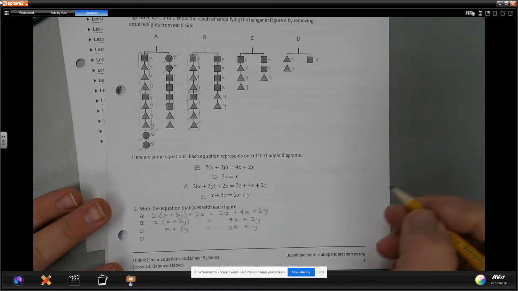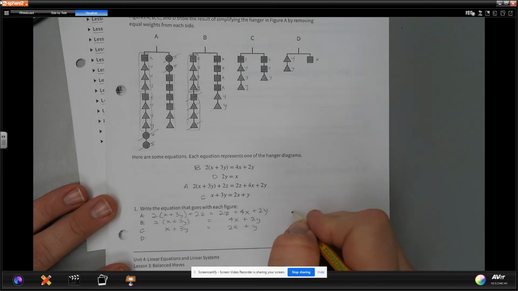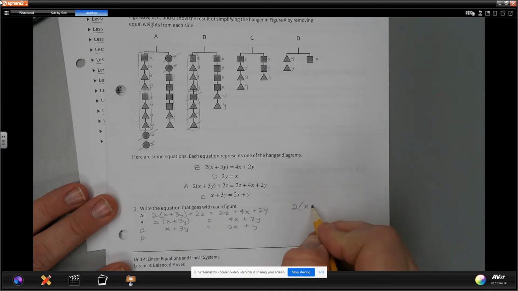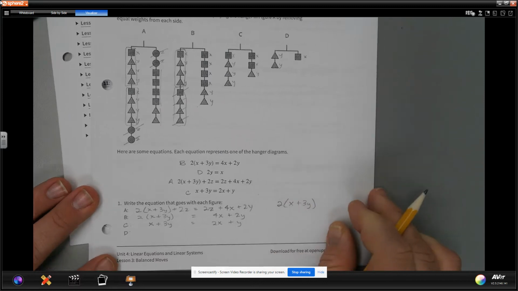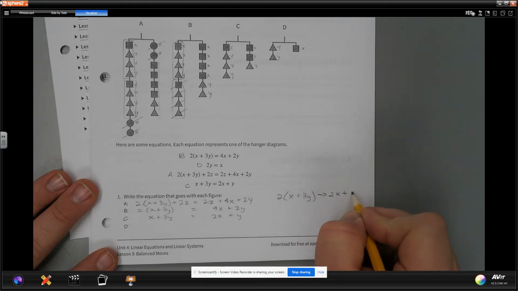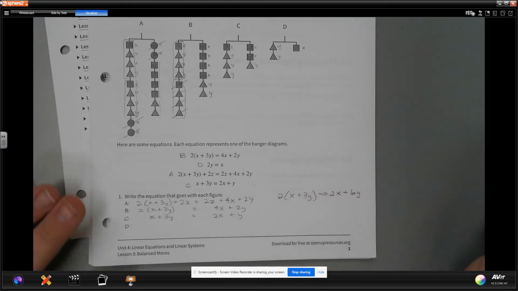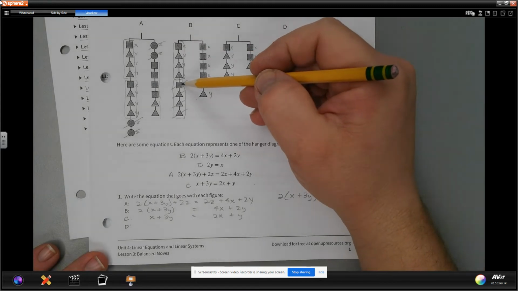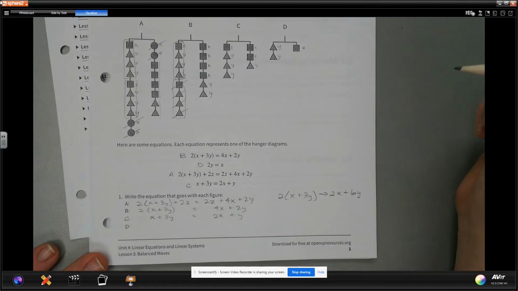We see that through the distributive property, which means that this expression right here, 2 times the sum of x and 3y, actually represents a larger value, which is twice the value of x plus 6 times the value of y. If we look at all of them together, we have x and x, 2 x's, and 3y and 6 y's.